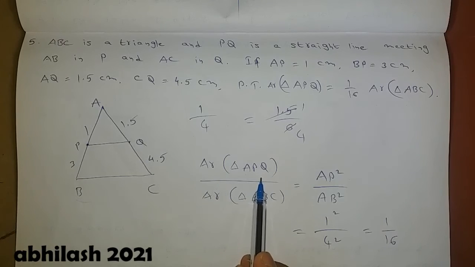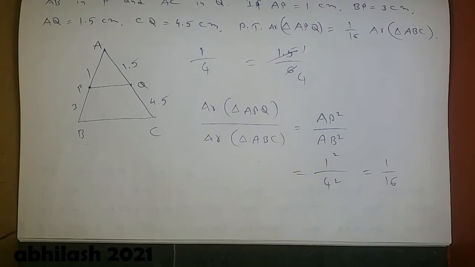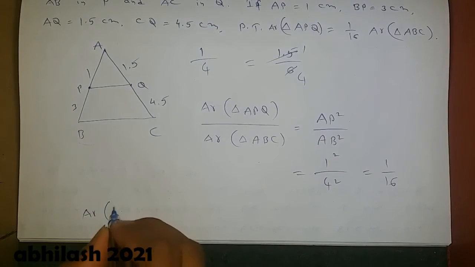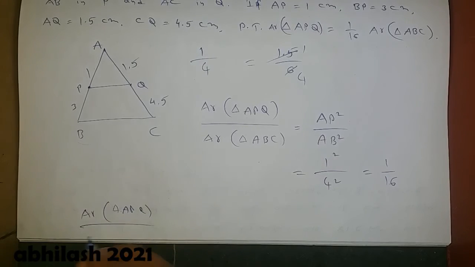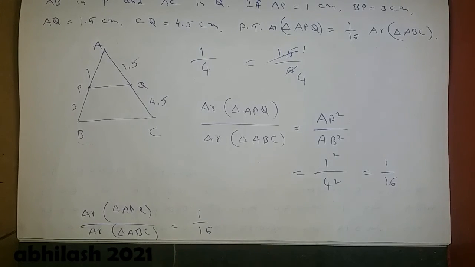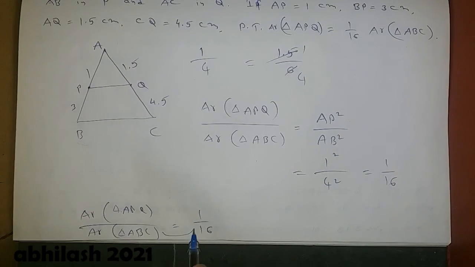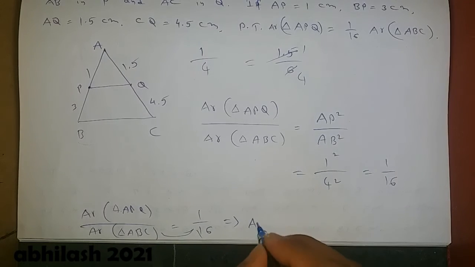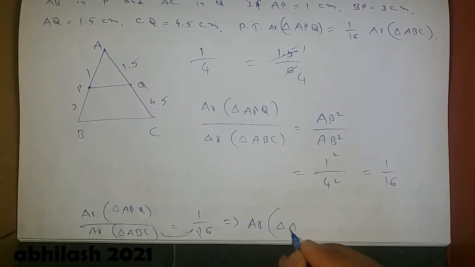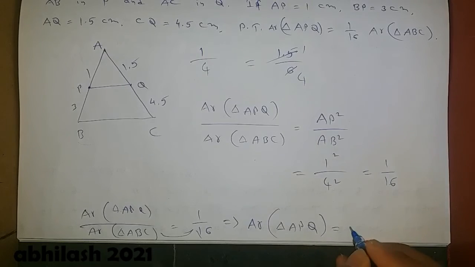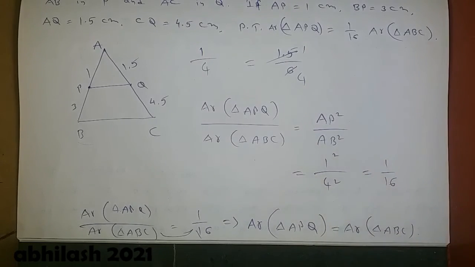The area of triangle APQ divided by the area of ABC is equal to 1 by 16. I will write the same in a single line. Now I will take the area of triangle ABC to the right side. So the area of triangle APQ is equal to 1 by 16 of the area of triangle ABC. Hence proved.